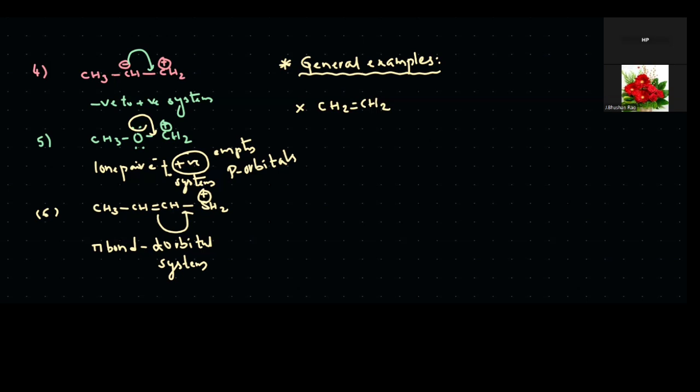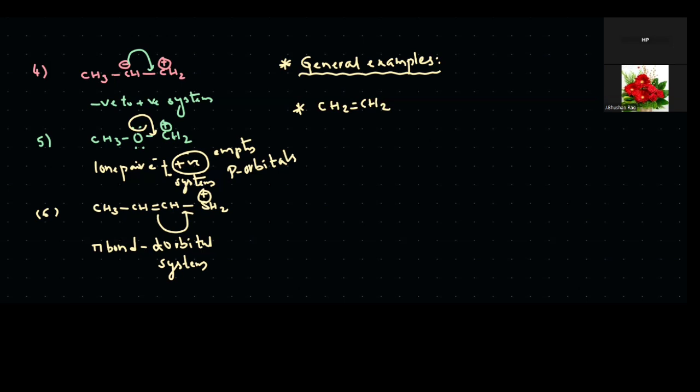How to identify that condition? Here only one pi bond is present. One pi bond present means there is no transfer of electrons or polarity developed in this case. So it is not a mesomeric compound.